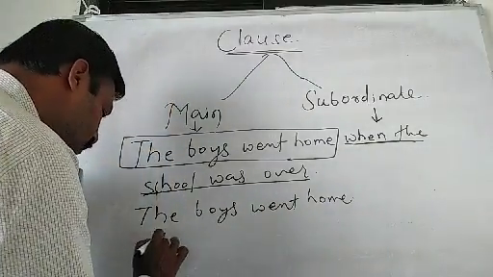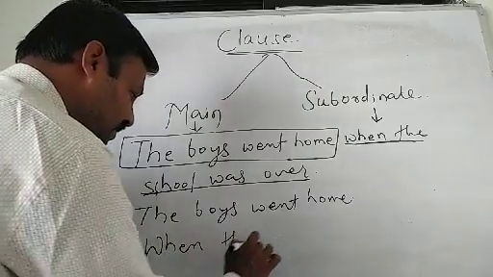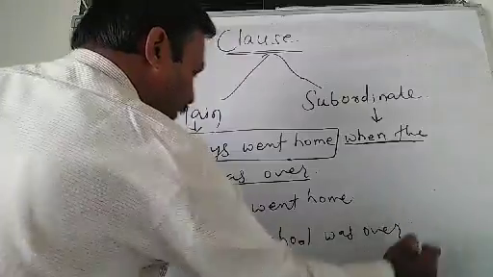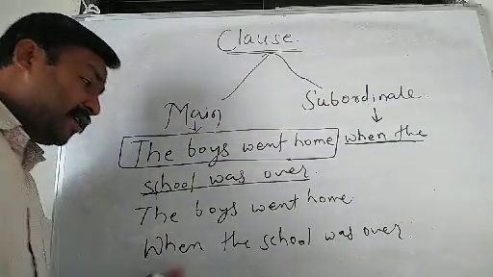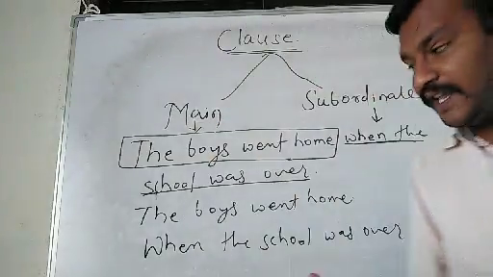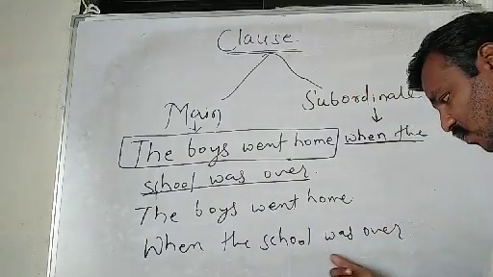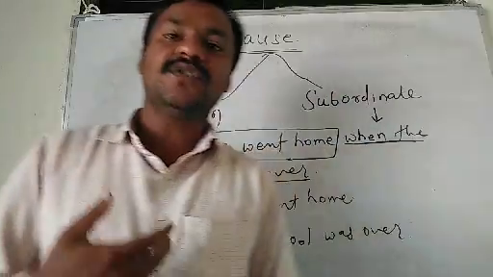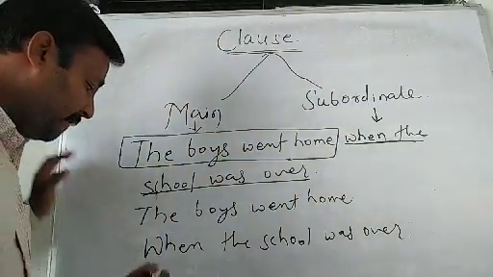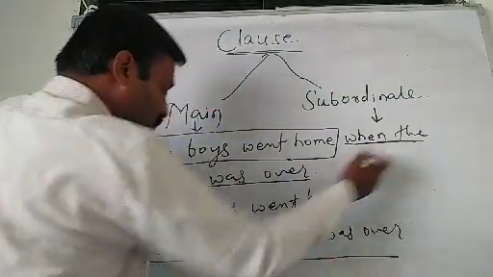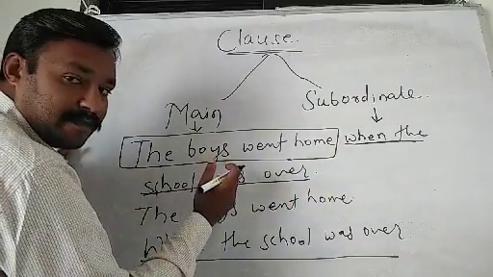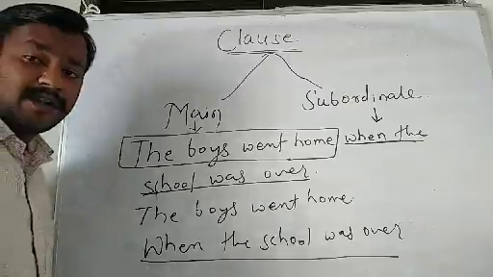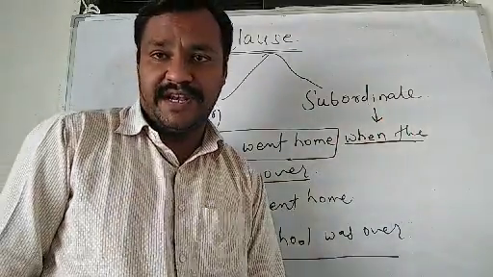But if we consider only when the school was over, we don't get the exact meaning. We are not getting what exactly the sentence wants to indicate. So this part, when the school was over, is dependent on the main clause. That's why it is called a subordinate clause.